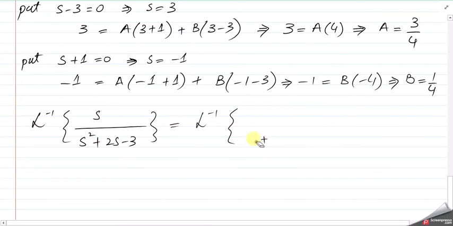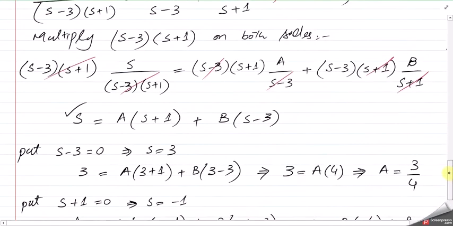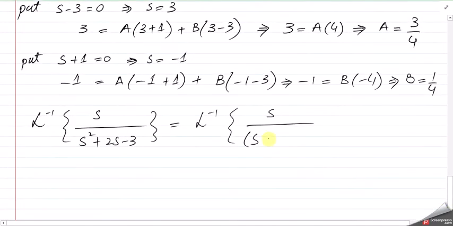Yes, of course, we can write this middle step just to complete the reason. s over s minus 3, s plus 1.